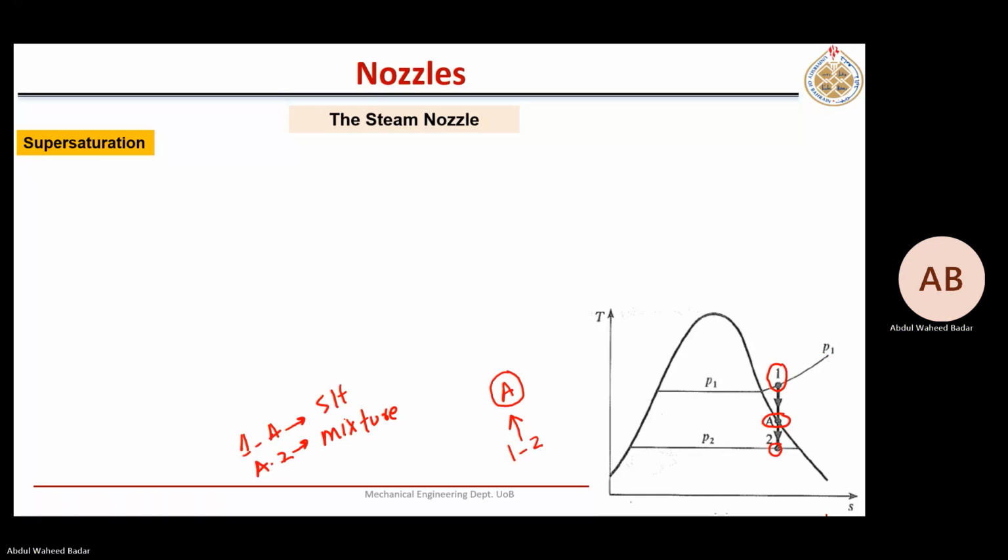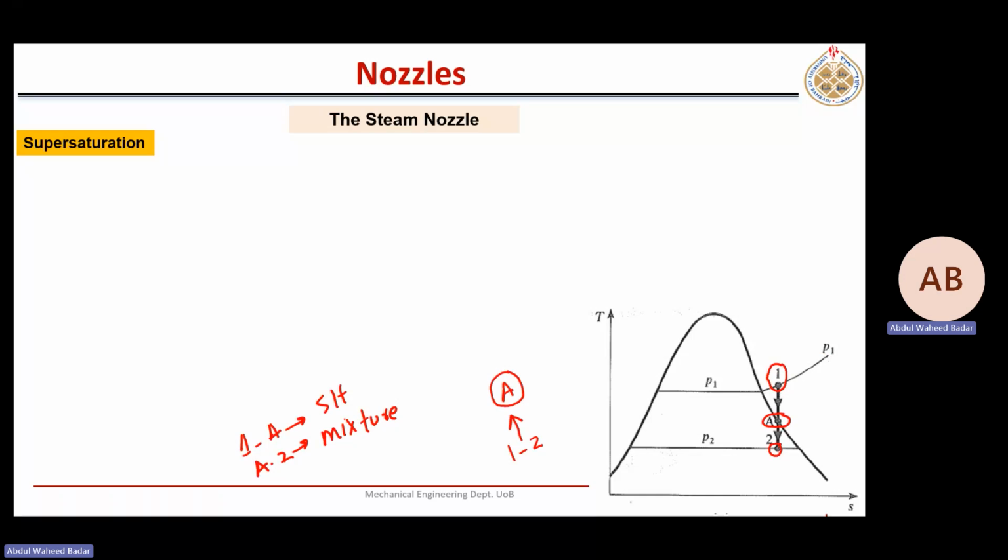But for the fluid which is flowing through that nozzle, and we just saw the velocities, 2000 kilometers per hour, plus 3000, 4000 kilometers per hour. At such high velocity, condensation does not occur at point A. They forget to condense.